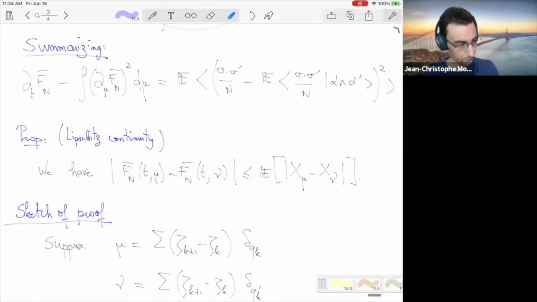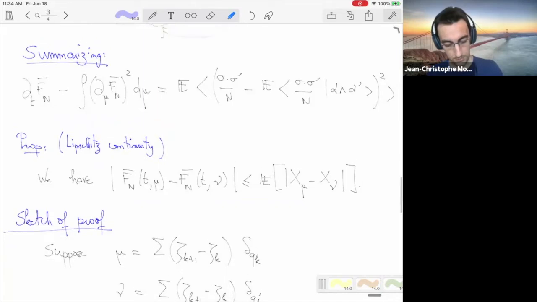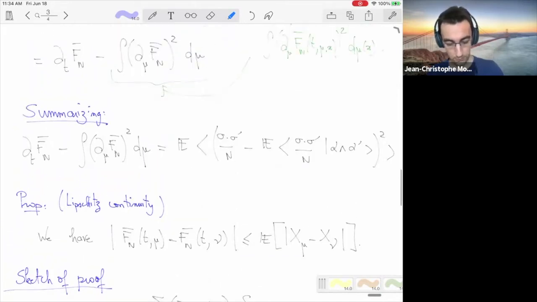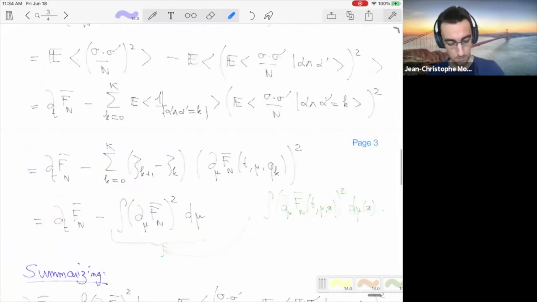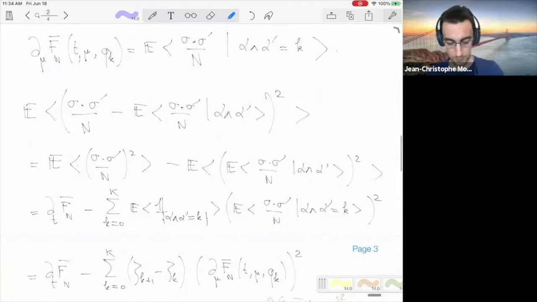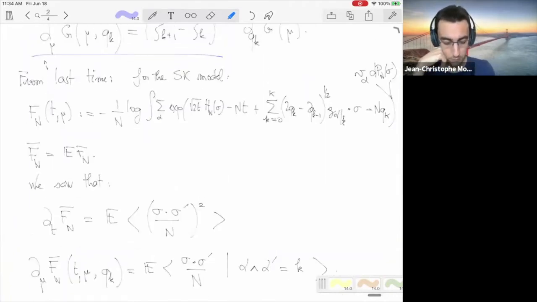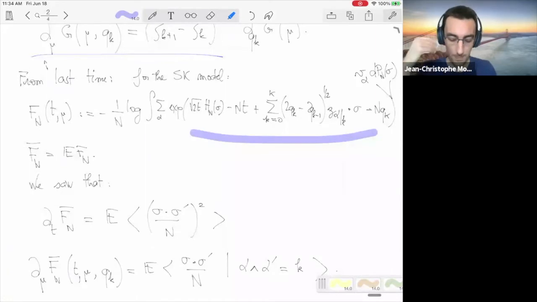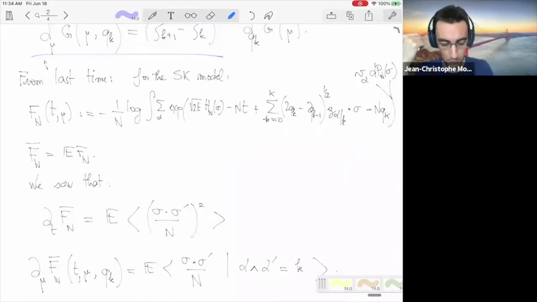So let me perhaps display one more time the formula. So this is the formula for the free energy. And when we set t equals 0, these terms here disappear. And what remains is of product form.